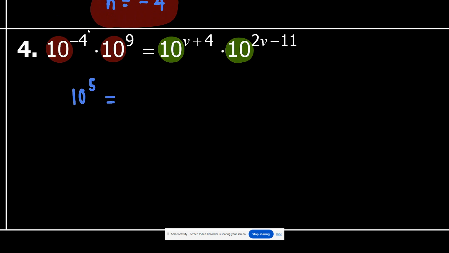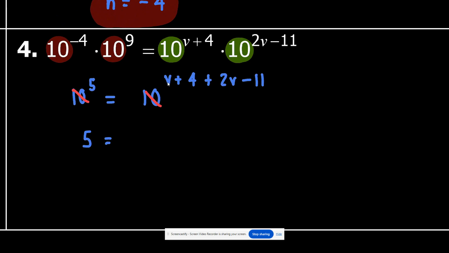Now over here on the right side again, I'm multiplying. Bases are the same. It'll stay the same, but we're adding these. So that means I'm doing v plus 4 plus 2v minus 11, right? I'm taking this and I'm adding this, just like I did here. I'm just dealing with variables and not just numbers. So I can now drop my bases, and 5 equals, now let's kill 2 birds with 1 stone.